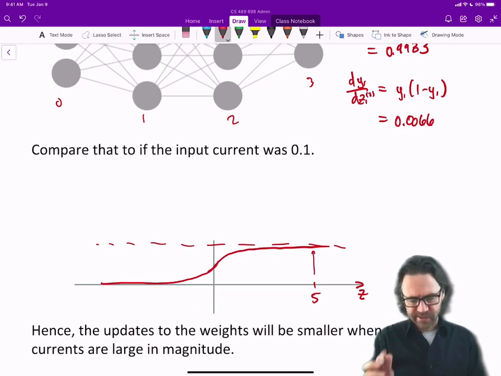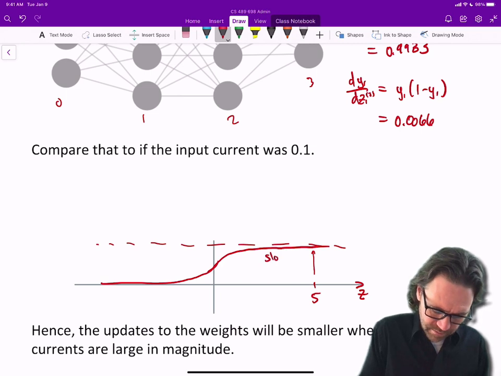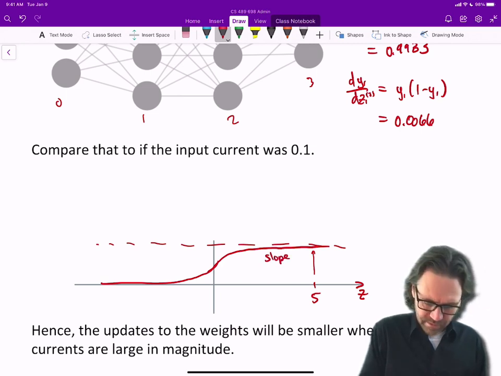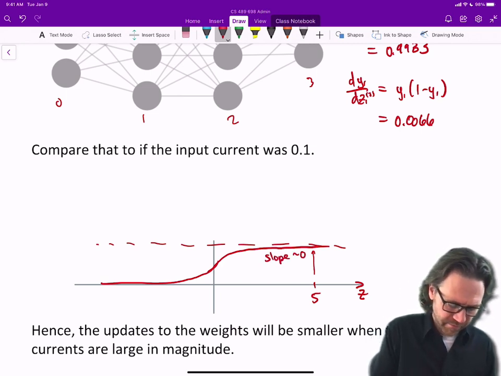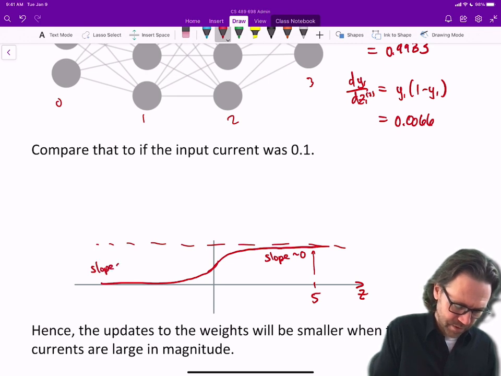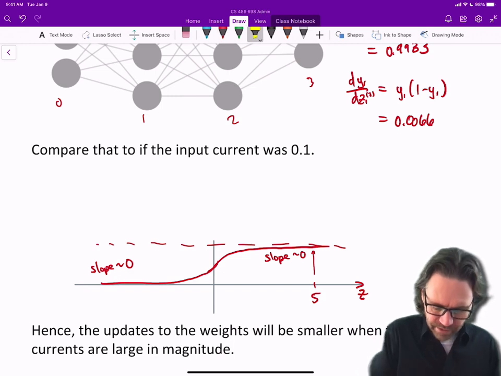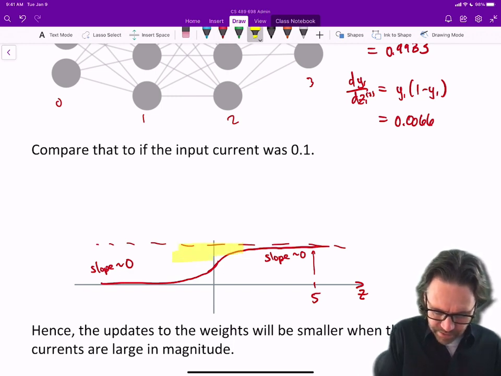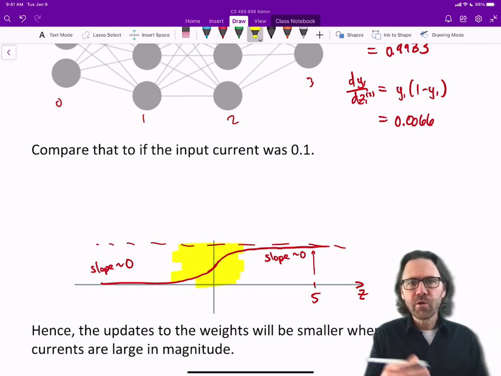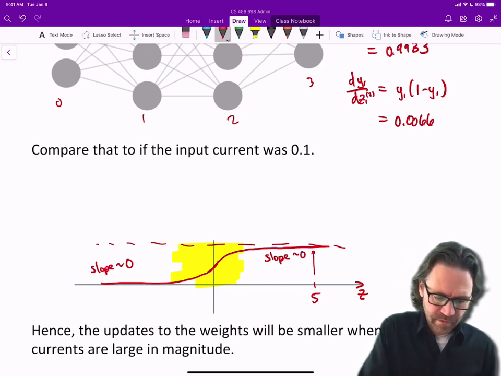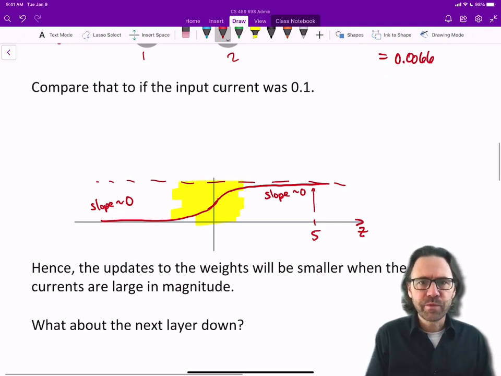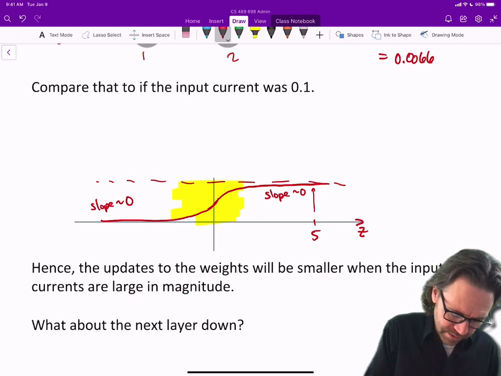But importantly, the slope is really small. Slope is approximately 0 over here, and way over here too. It's only in this region, the sweet spot in here, where the slope is not too bad. This is the sweet spot where the slope is much bigger than 0.